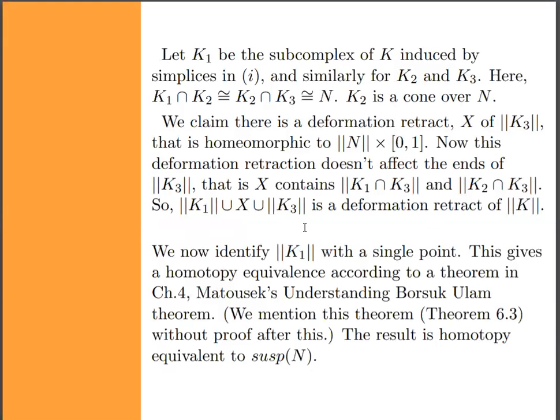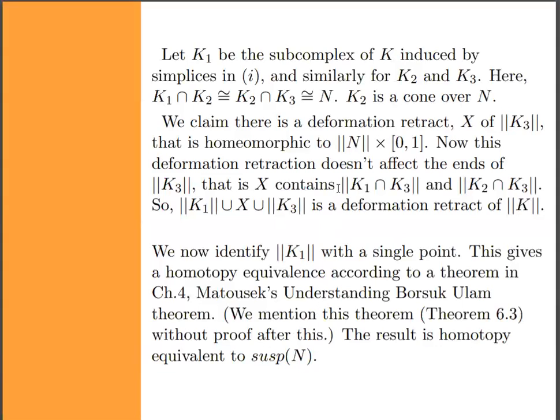So basically we get one cone on one side, something homeomorphic to N cross [0, 1] in the middle, and the simplex at the end is quotiented into a single point. So K is homotopy equivalent to the suspension of N, because applying the deformation retract and the quotient map gives us something homeomorphic to the suspension of N.